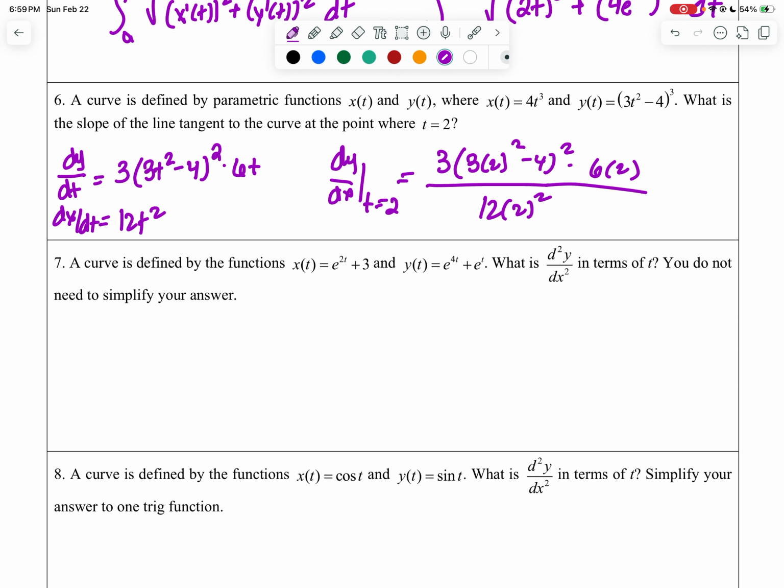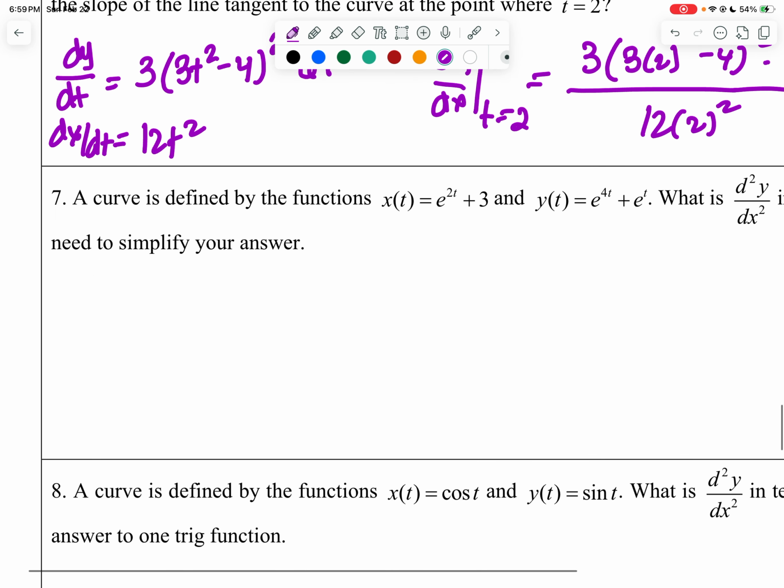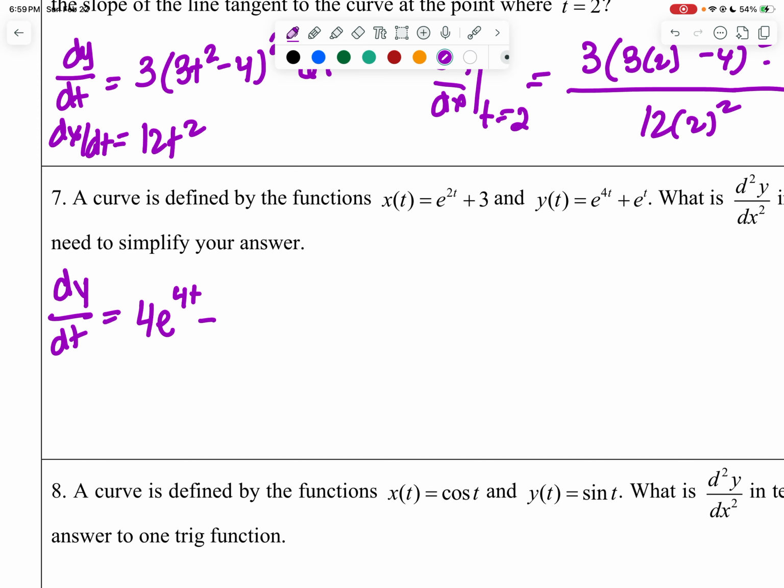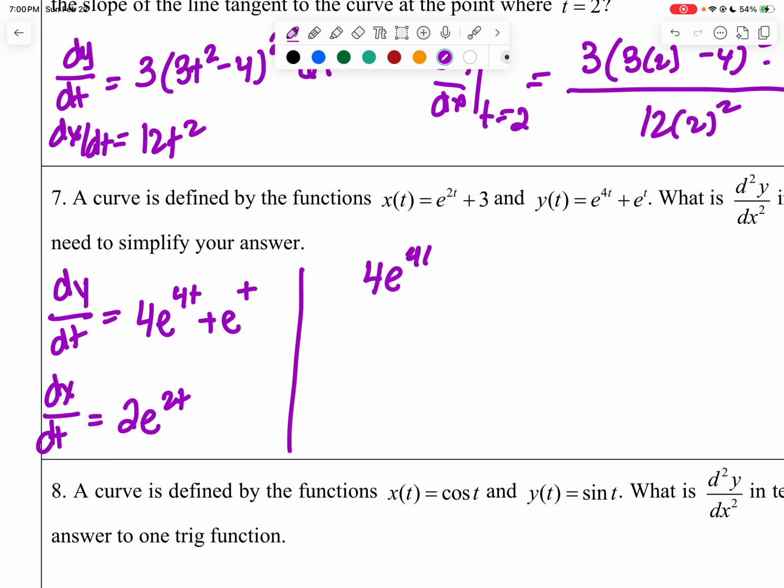This one, though, I am going to do because I am asking you guys to find the second derivative. So finding the second derivative here means dy/dt being 4e to the 4t plus e to the t, and then dx/dt is going to be equal to 2e to the 2t. So this gives us 4e to the 4t plus e to the t all over 2e to the 2t.